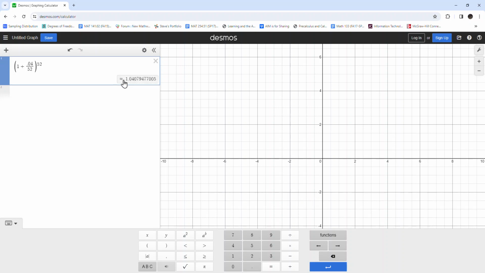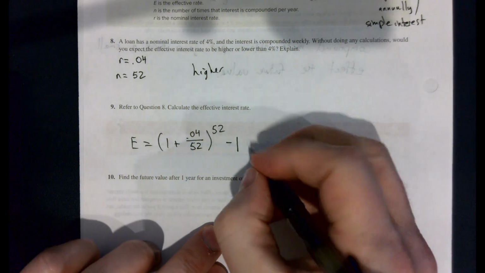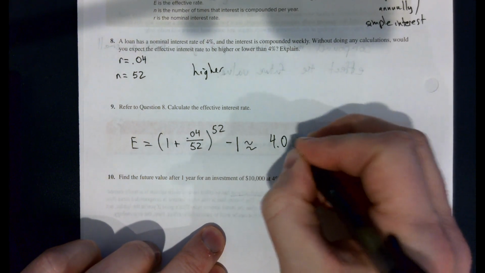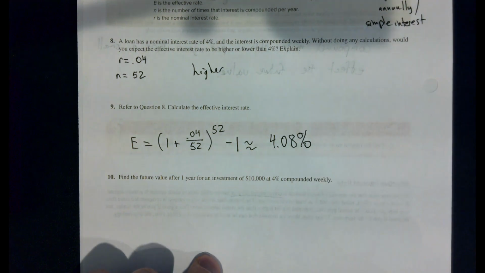So this would be the factor in an exponential model. When we subtract 1 from it, we get the rate. So that's why you're subtracting 1 from these problems. And then if we wanted to convert it to a percentage, we'd multiply it by 100, and you can see it's approximately 4.08%. Just as we expected, it would be a little bit higher, about 4.08% interest over a 1 year period.